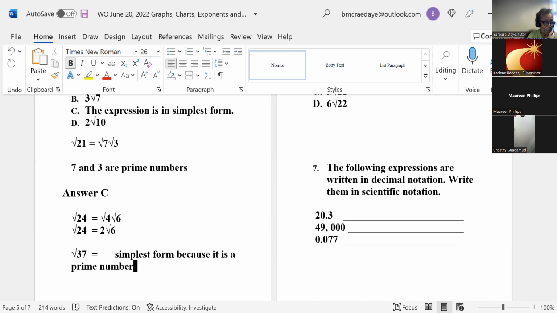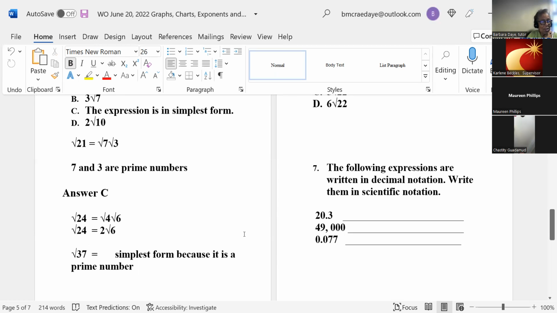So when you have a number that's a prime number, just like the 21 only factored into 7 and 3, those are prime numbers. But the 37 is different because it only factors into 37 and 1, so it's already a prime number.